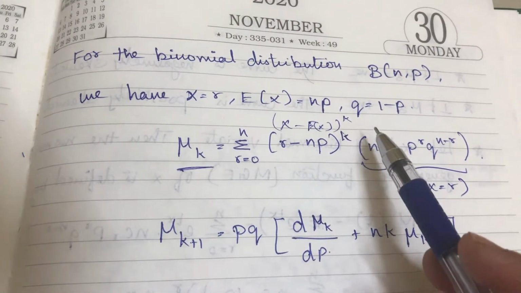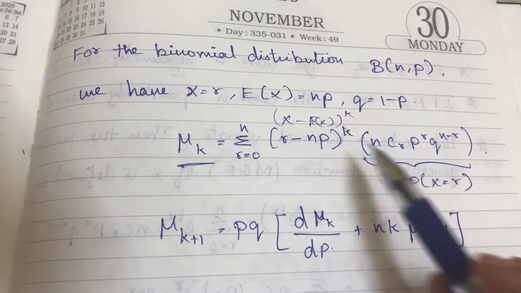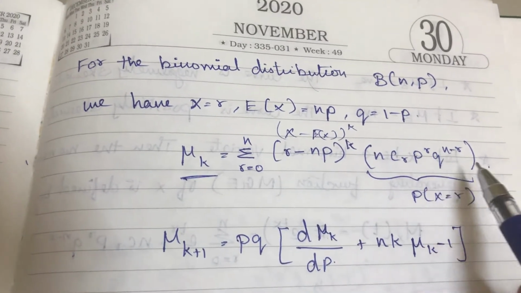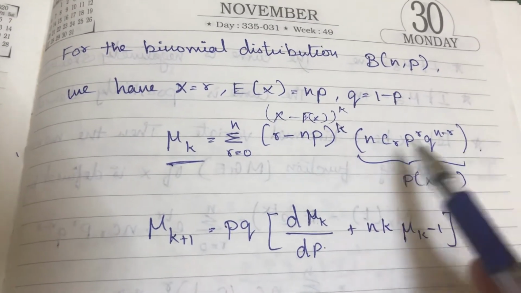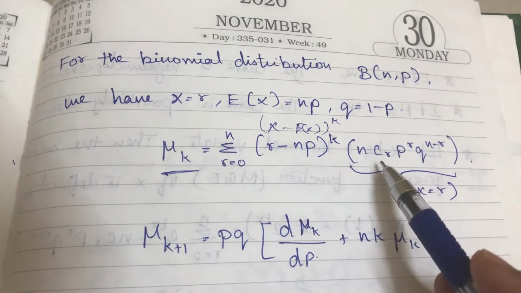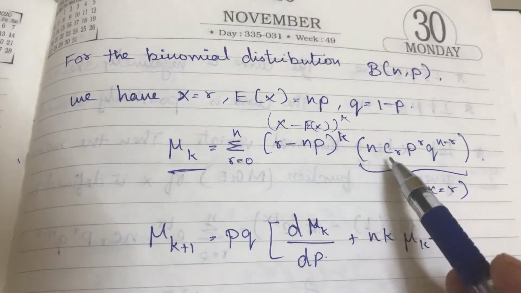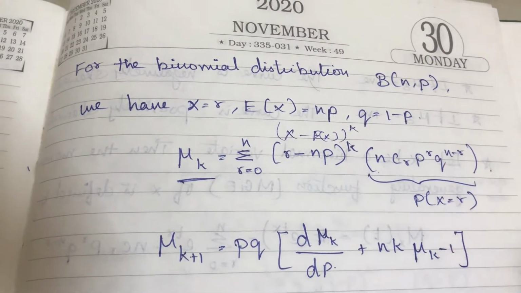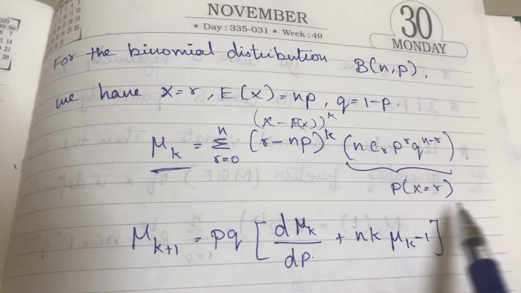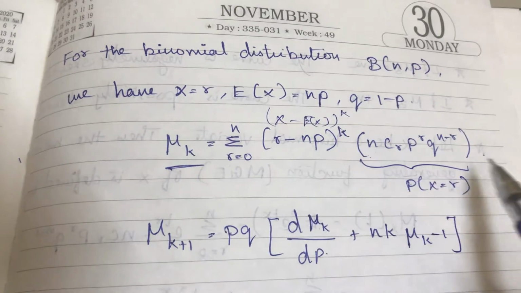into the probability of x equal to r. Like we have seen, x minus E of x the whole power k, this is the central moment. The probability is the formula nCr p^r q^(n minus r), so they have written that probability here.